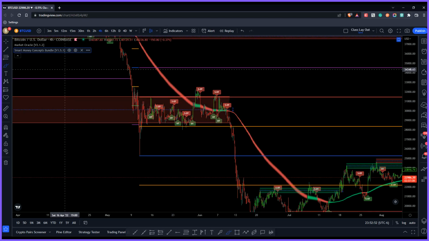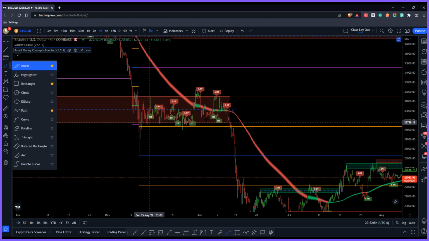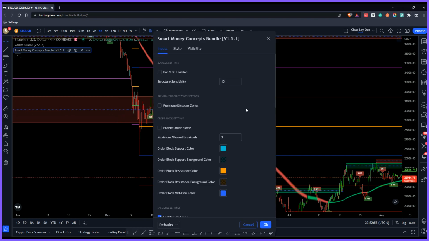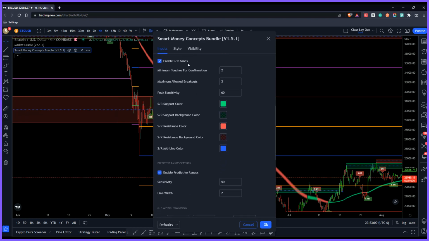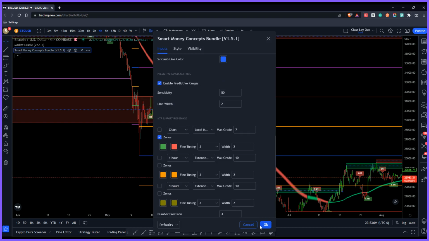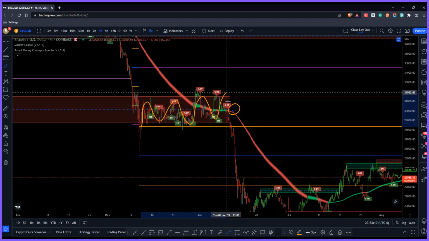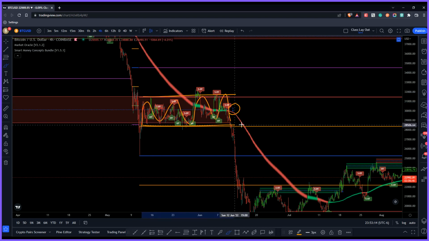You can see that the predictive ranges and the support and resistance zones are catching very, very accurately this wave pattern or these interference zones or this sideways market.